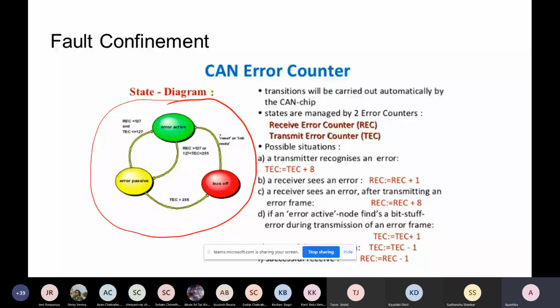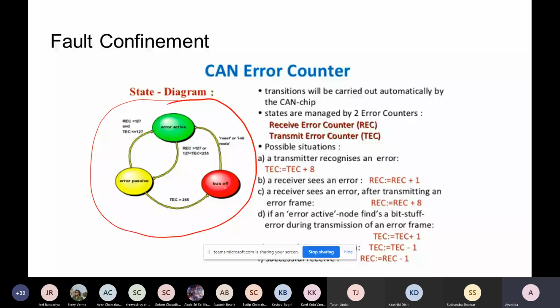Whenever any CAN node goes beyond a certain threshold of sending error frames, that node gets isolated. It is not receiving or sending anything at all. That is the bus off state of a CAN node. These three states help in fault confinement.